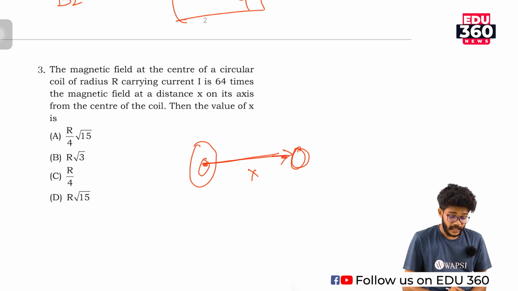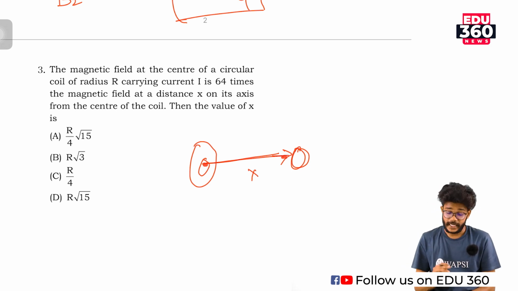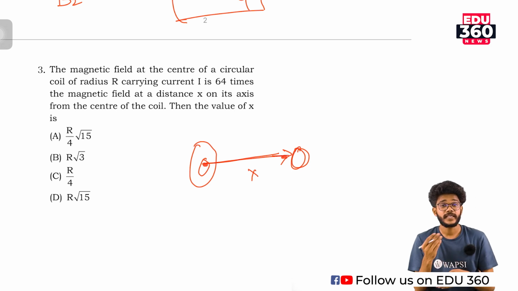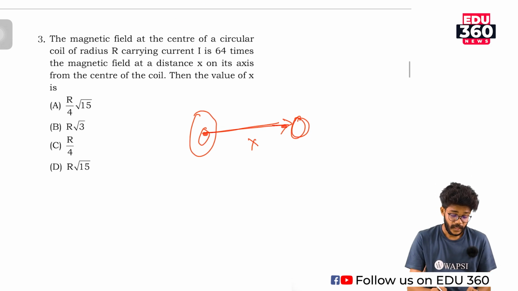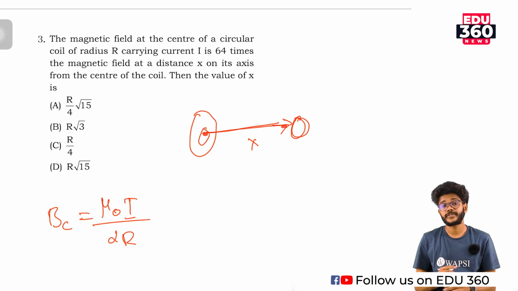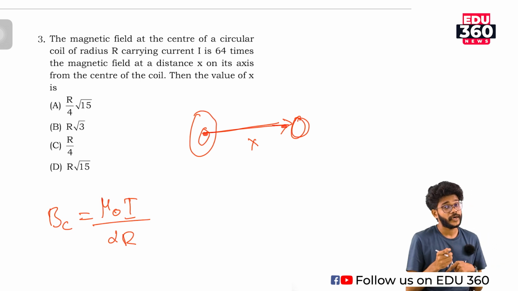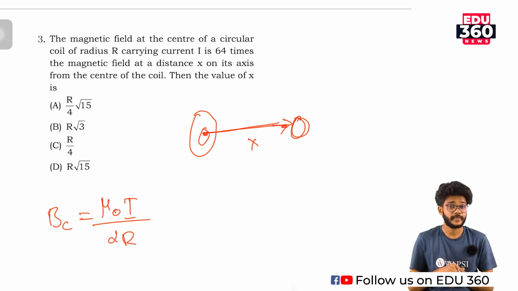Then we want to calculate the value of x. What are the equations? At the center, B center is mu 0 I by 2R, because there is only one coil. If there are two coils, then multiply by 2.